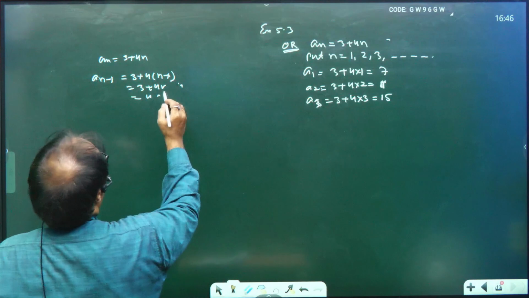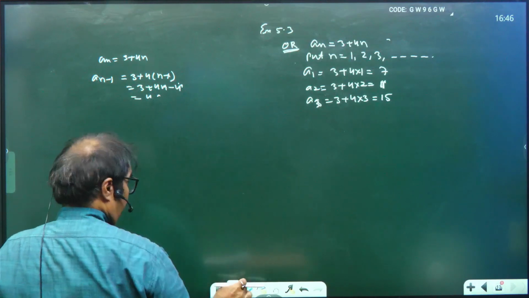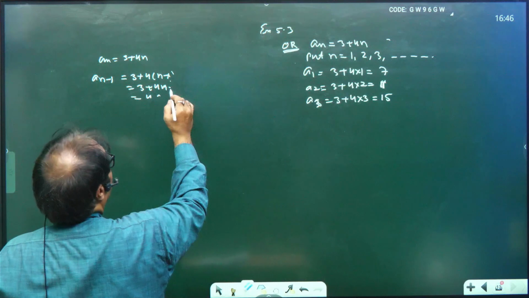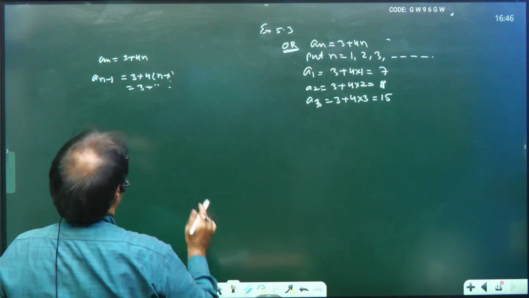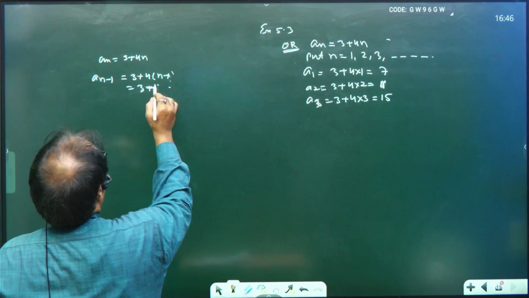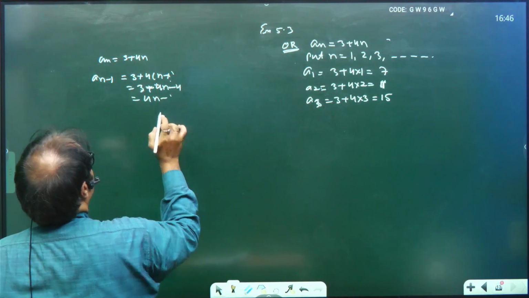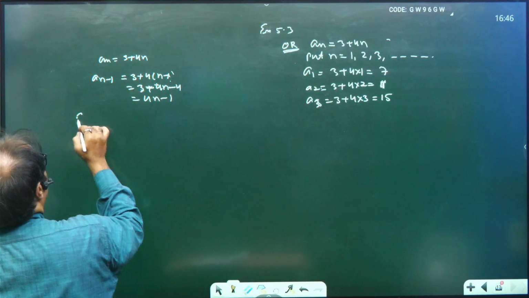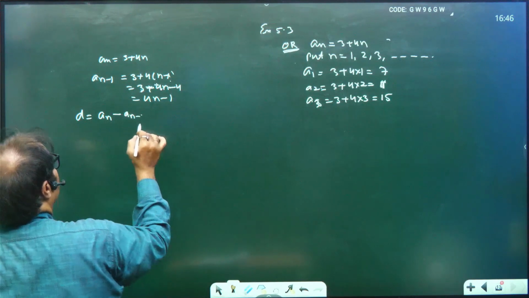So this will be equal to 4n minus 4. So 3 plus 4n minus 4, so this is 4n minus 1. So d will be equal to an minus an minus 1.